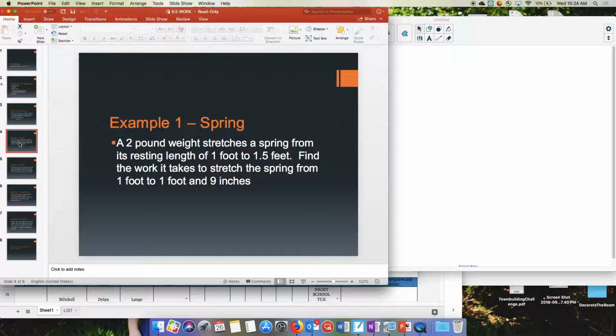Your book is written in feet and pounds, so I want to do examples that match that. So a 2-pound weight stretches a spring from its resting length of 1 foot to 1.5 feet. Find the work it takes to stretch the spring from 1 foot to 1 foot 9 inches.